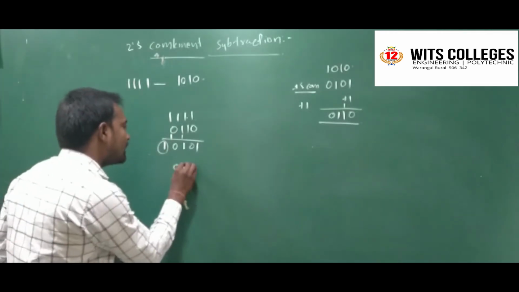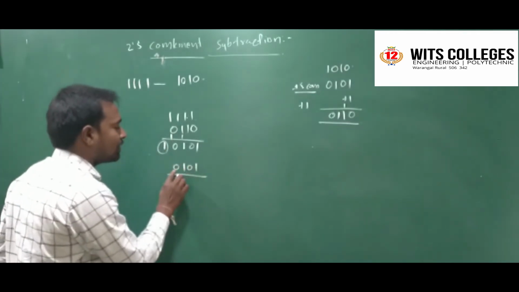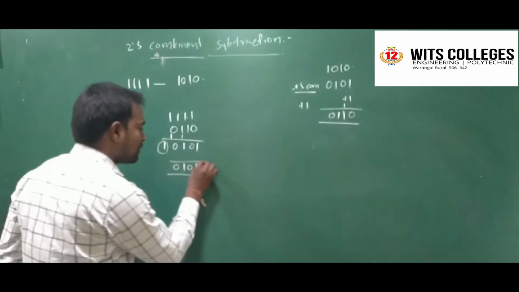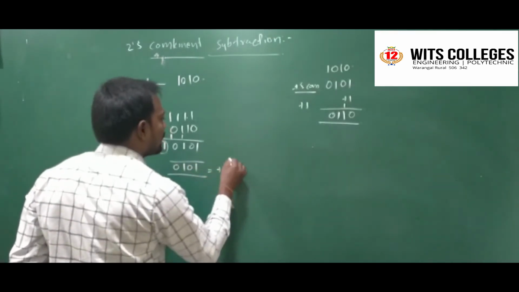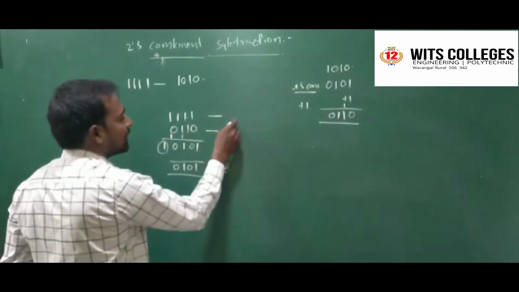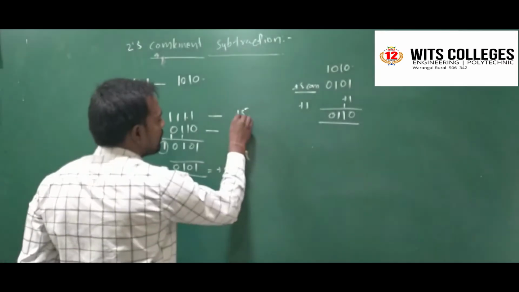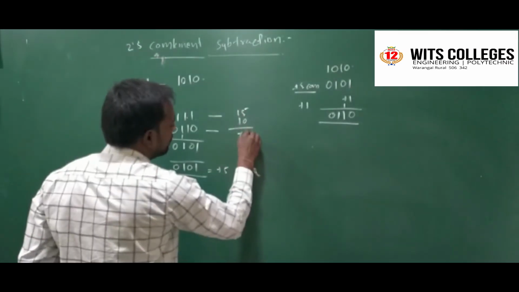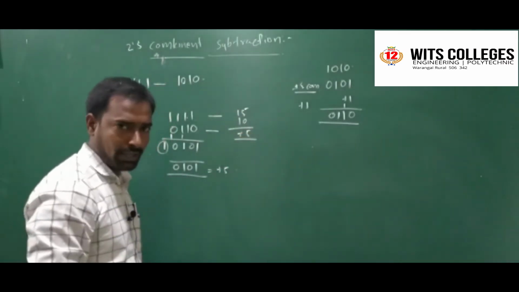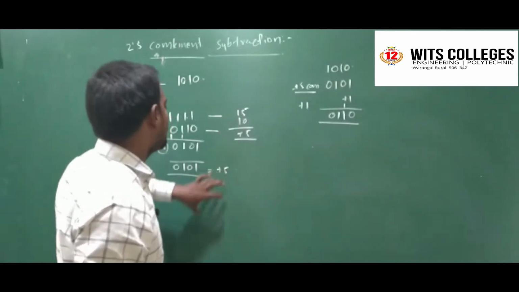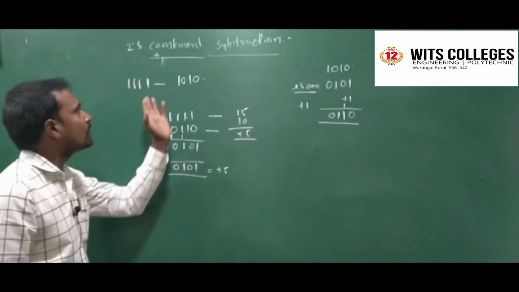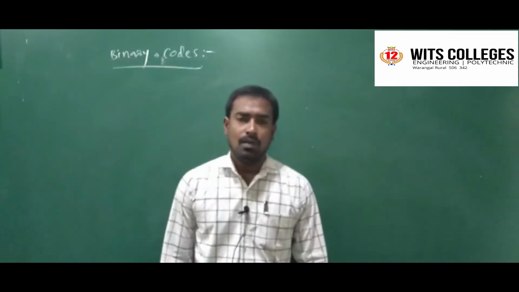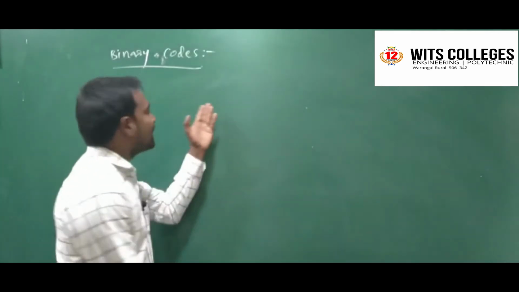Then we will get the final subtracted value 0101. So this is equal to plus 5. When we perform the subtraction 15 minus 10, we get the plus 5 value. So here the subtraction is done by using the 2's complement subtraction. Next, binary codes.